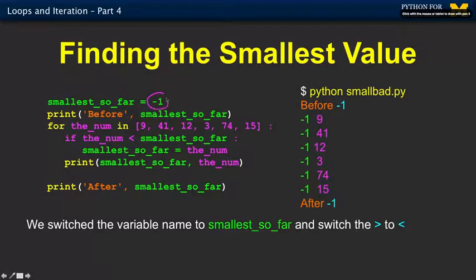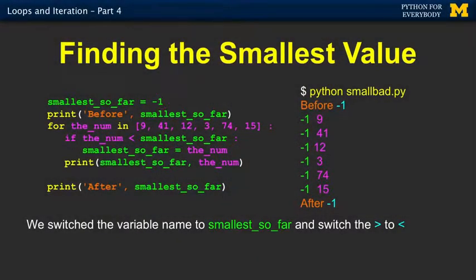If you pointed right here, you're correct. Baked into that, when we were doing largest so far, was that these were positive numbers. And smallest so far, starting at -1, if they're positive numbers, well, smallest so far is already smaller than the smallest possible number.